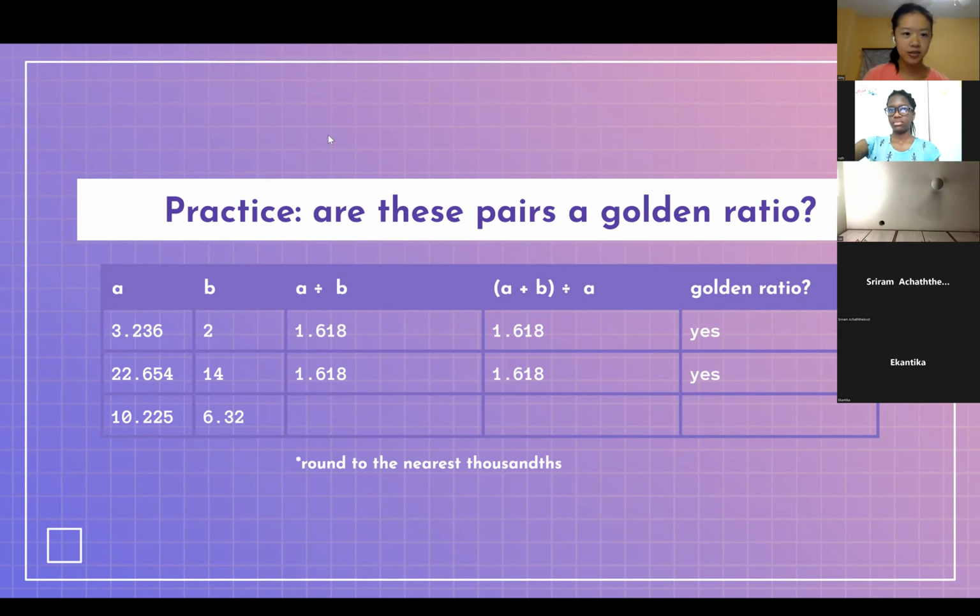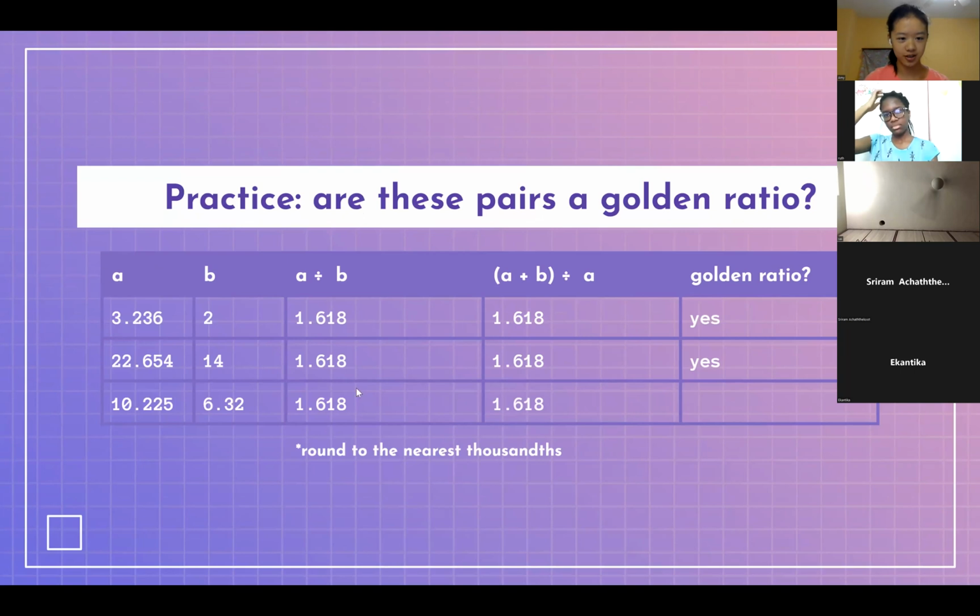Yes, these numbers also approximate the golden ratio. So these would have a golden ratio in it.